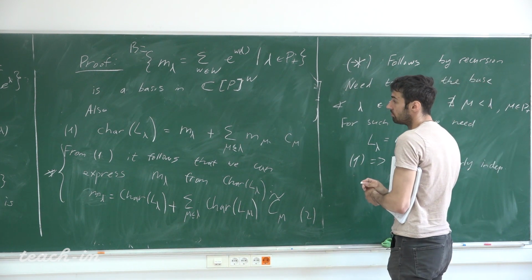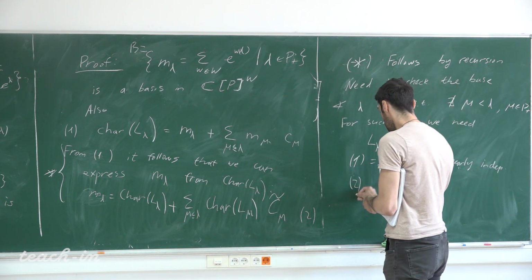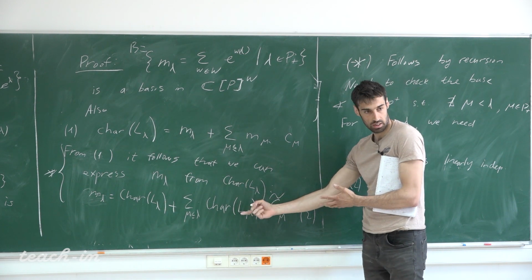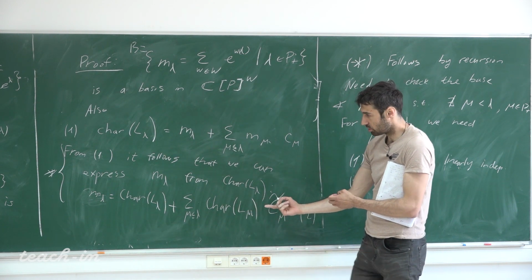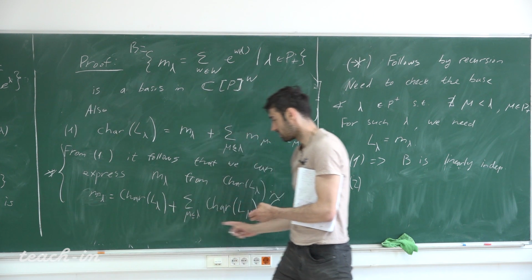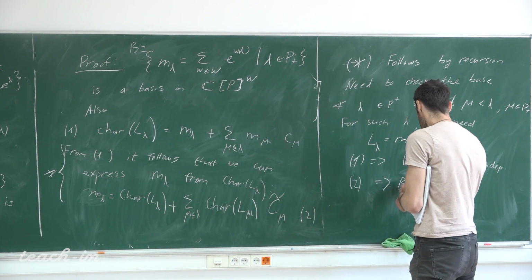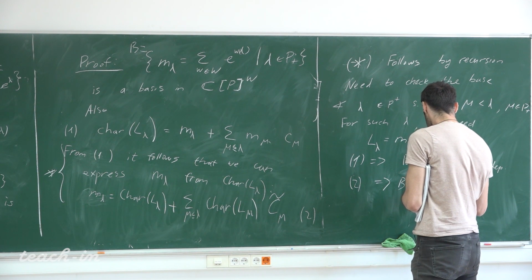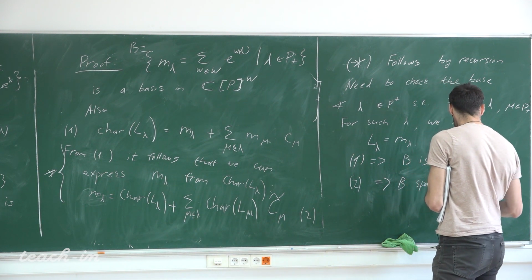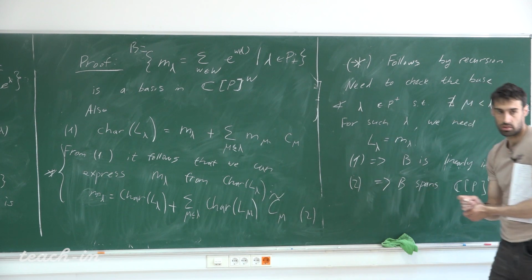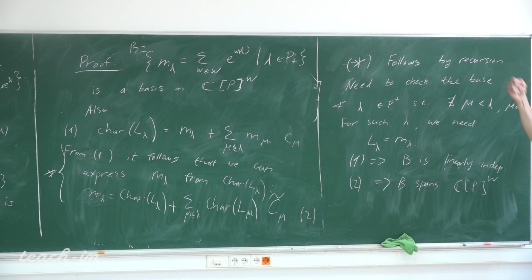And from 2, since M is a basis, and you can obtain all M's just from characters, B spans C P of W. So therefore we prove that this is a basis.